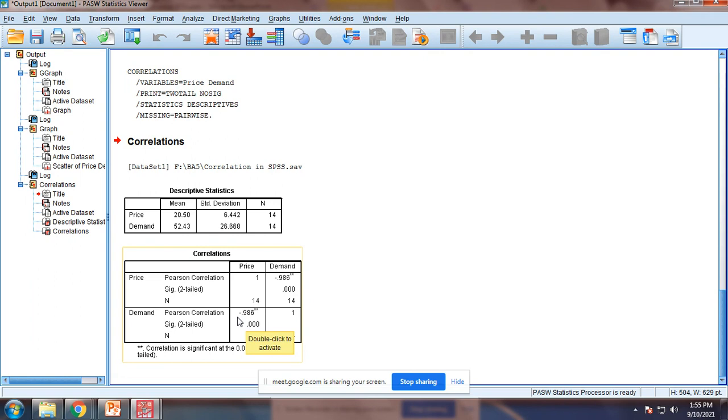Minus indicating a negative relationship between demand and price. And the R value is minus 0.986. Close to 0.9 and above, what is the strength of the relationship over here? Strong. Okay, strong relationship. So we have a strong negative relationship between the demand and the price.